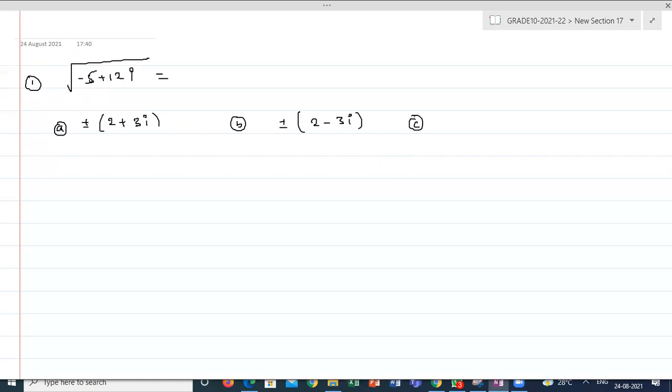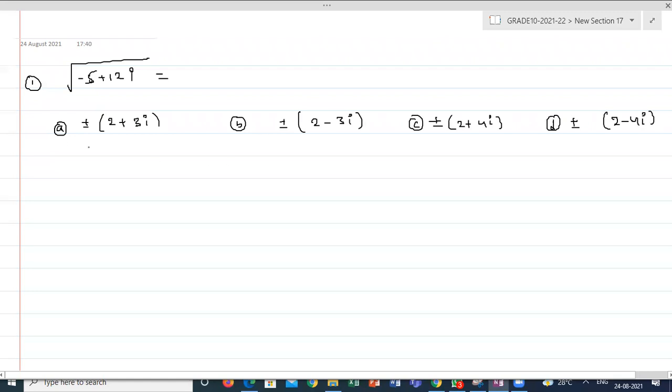Yeah. First question. Root of minus 5 plus 12i is equal to: option A, plus or minus 2 plus 3i; option B, plus or minus 2 minus 3i; option C, plus or minus 2 plus 4i; option D, plus or minus 2 minus 4i.